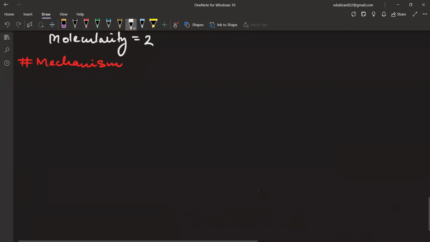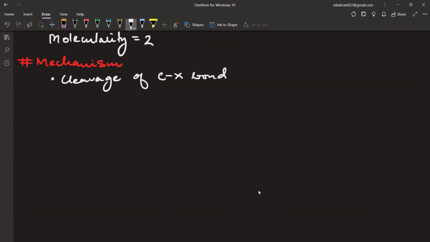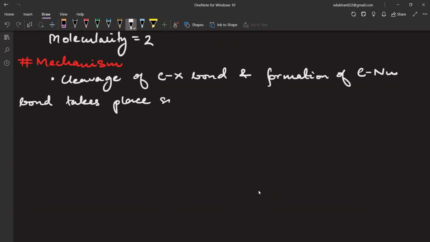So in this reaction, what happens? The cleavage of the C-X bond and the formation of the C-Nu bond takes place simultaneously.